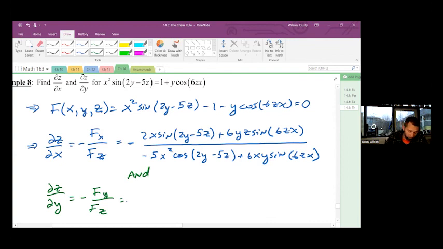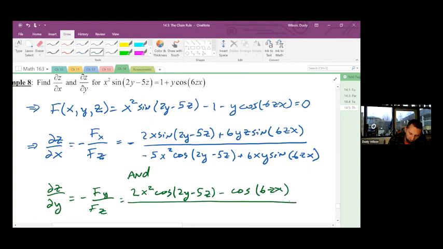The denominator is going to be the same in both cases, but the partial derivative with respect to y will be, looks like, 2x squared cosine of 2y minus 5z minus 0 minus 1 times all that garbage cosine of 6zx, divided by the same stuff as above, minus 5x squared cosine 2y minus 5z plus 6xy sine 6zx.